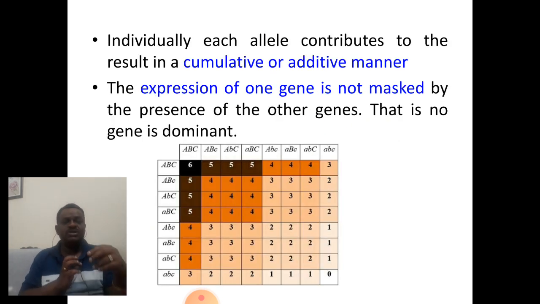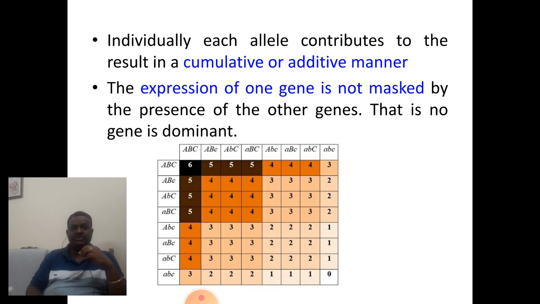The next important feature is that every individual allele will contribute to the cumulative or additive effect on the phenotype. So the expression of every gene, when you look at every allele of a gene, is not controlled, it is not masked, it is not covered.